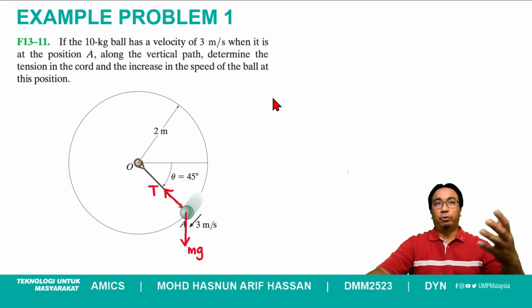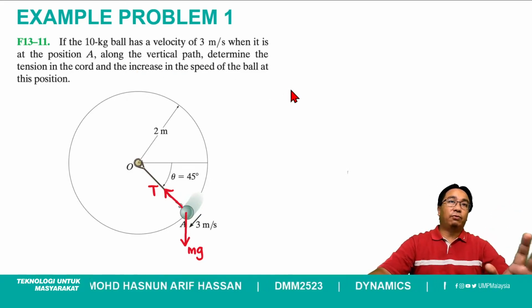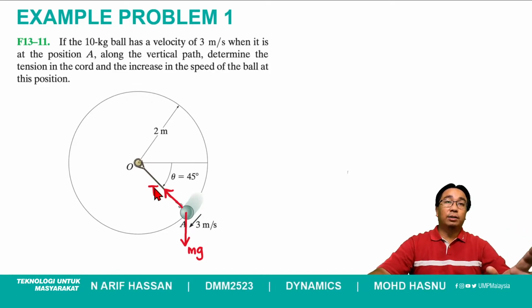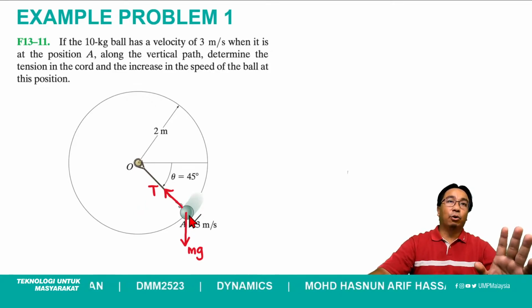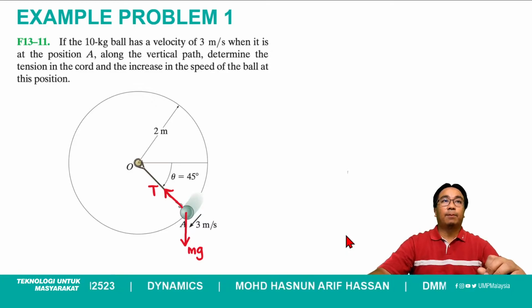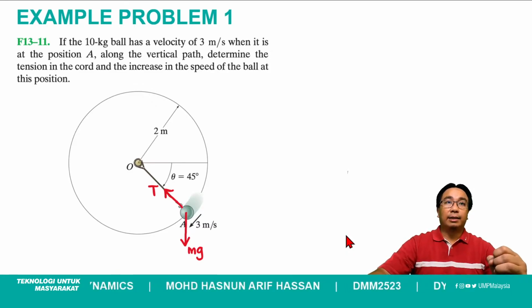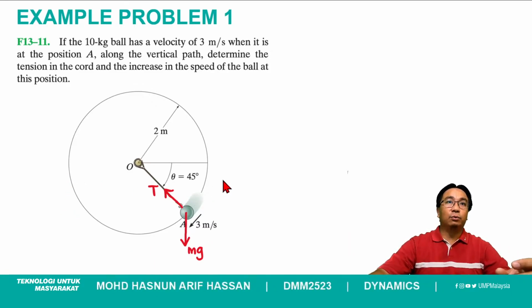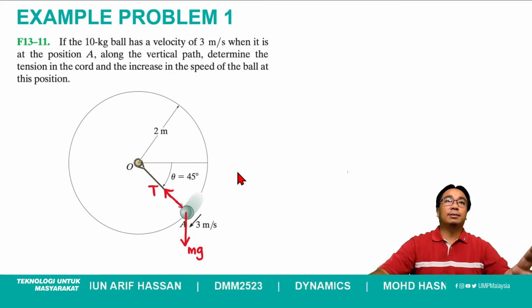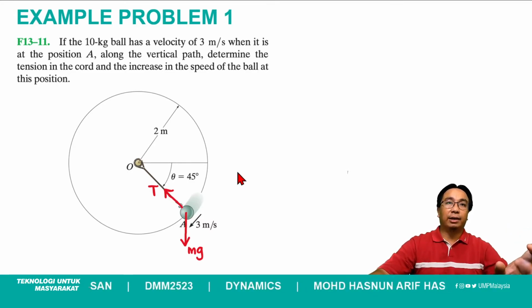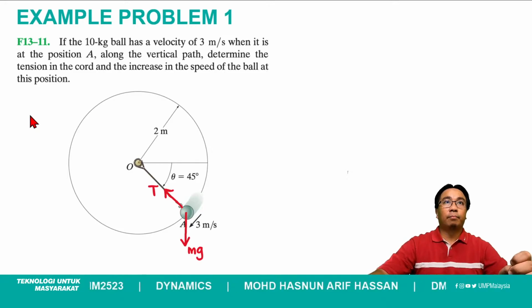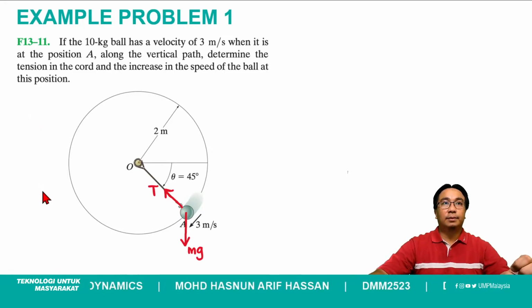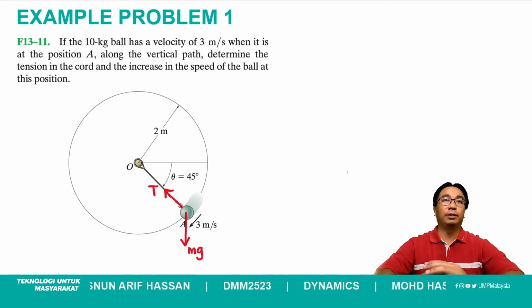Okay, before we continue, we need to define where our tangential and normal axes are. Who can tell me, the tangential axis is pointing in which direction, and the normal axis is pointing in which direction? Come on. Tangential axis is pointing in which direction?